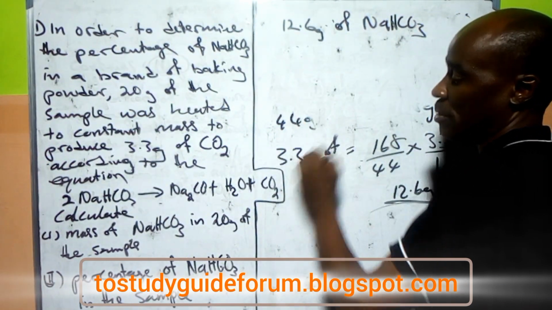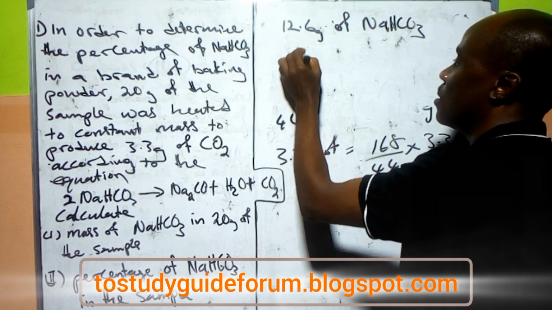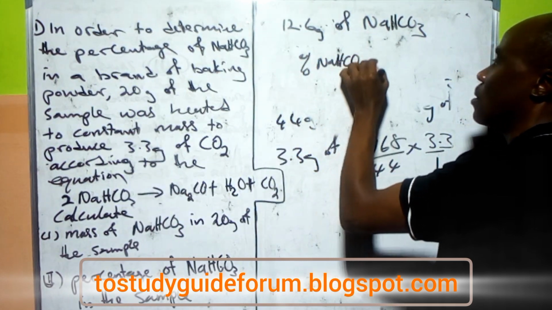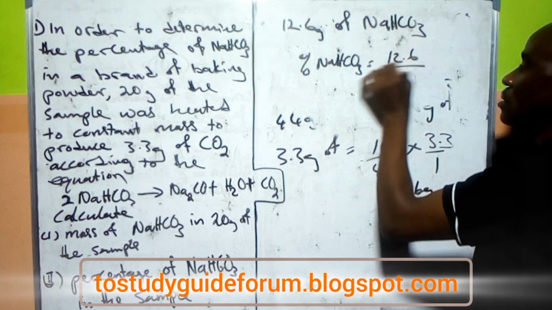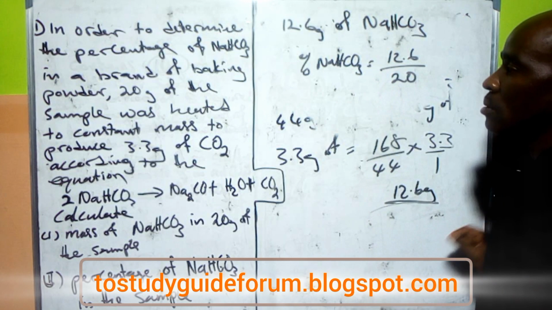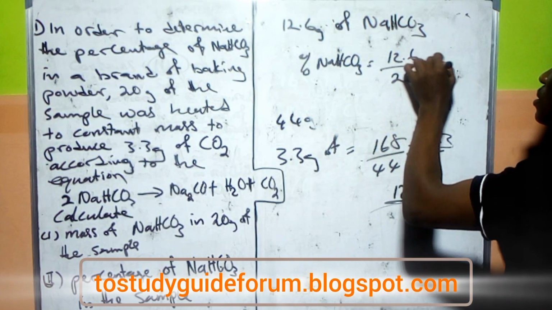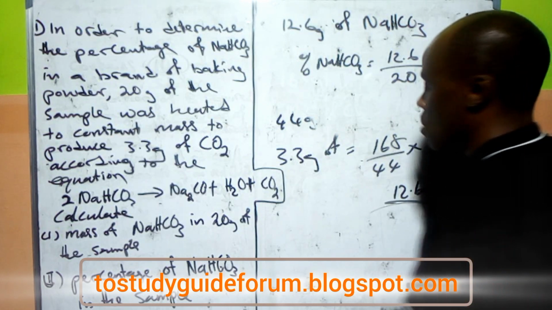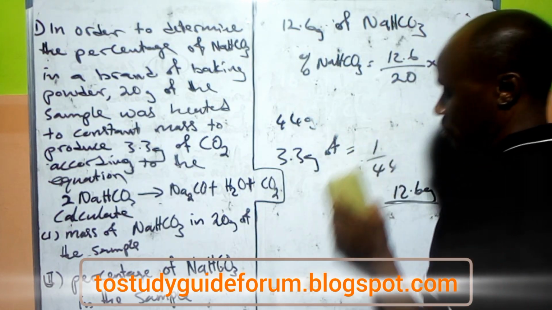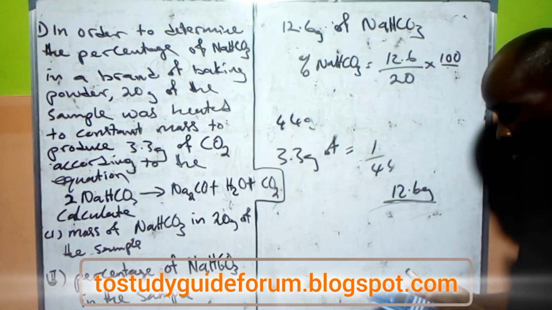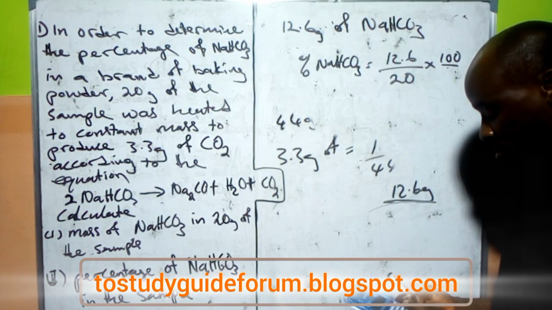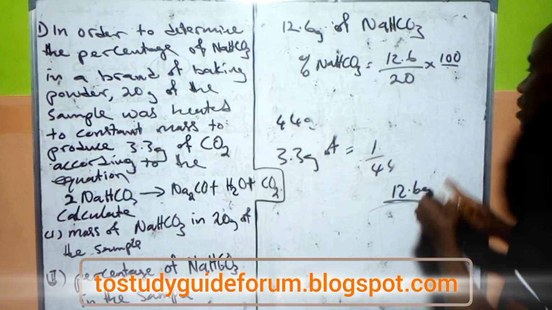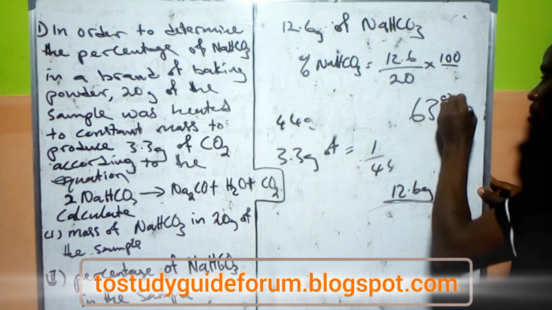To get the percentage, that will be 12.6 over 20 times 100 over 1, which is 12.6 times 100 divided by 20. The percentage is 63%.